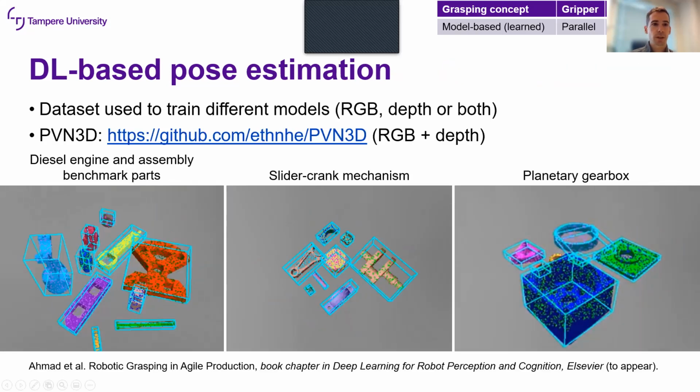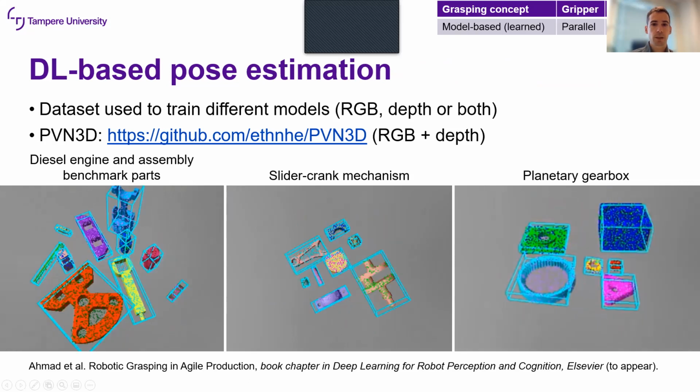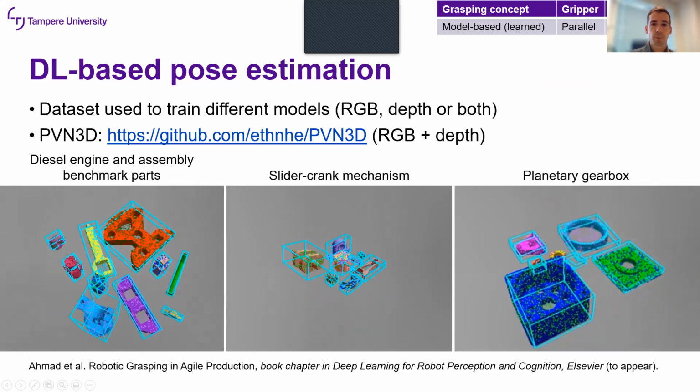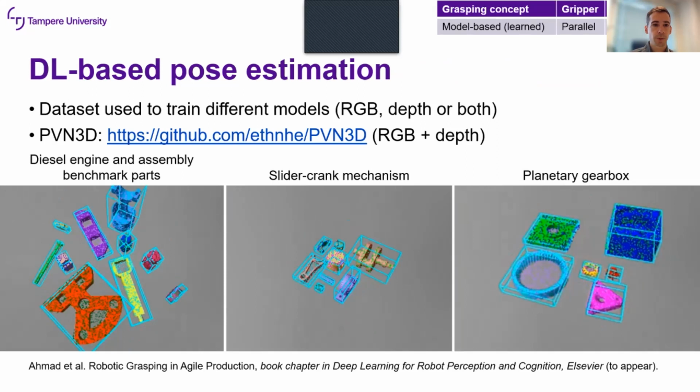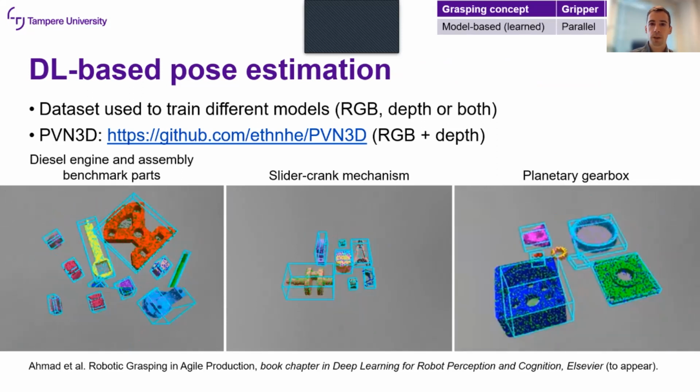The next step is then to actually use this data set to train a pose estimation model. And then you can use a subset of the data set, for example, just RGB or depth, or you can use both. What you see in this video here is that we have tried the method PVN3D, which is linked here, to train our model and try out the model for inference on simulation again.